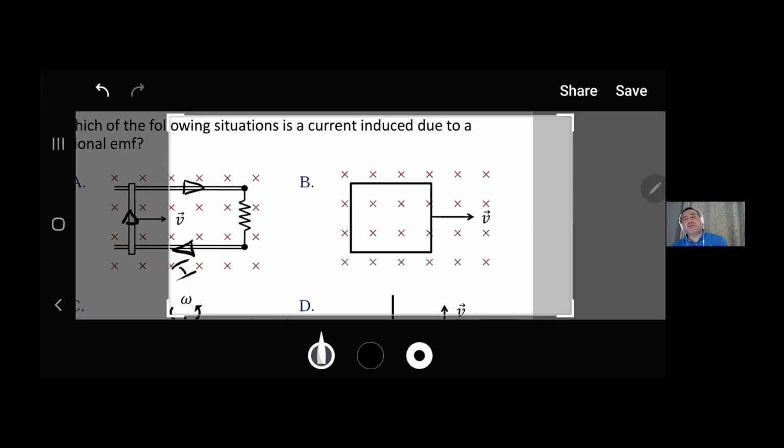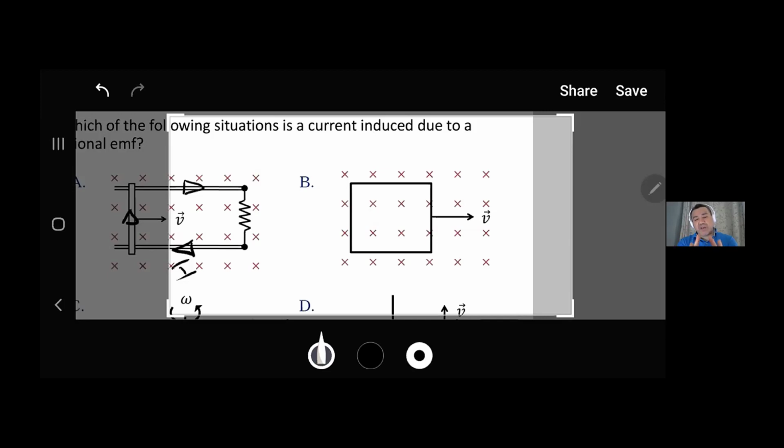The magnetic field is uniform everywhere in this region. It doesn't matter how you move this loop, if you maintain the same orientation, of course, such that it is in the same plane, whether you move it this way or that way or up or down, based on the type of this magnetic field, there will be no variation in the flux.